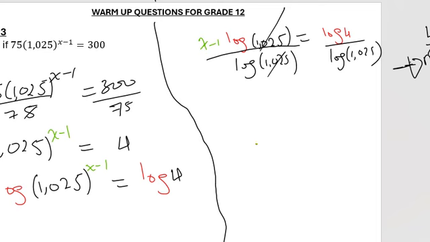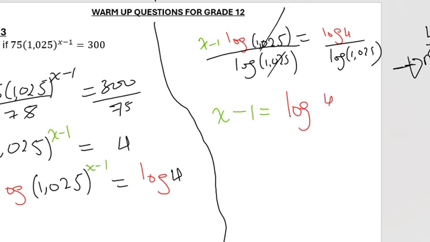Then I will be left with x minus 1 equal to log 4 over log 1.025.